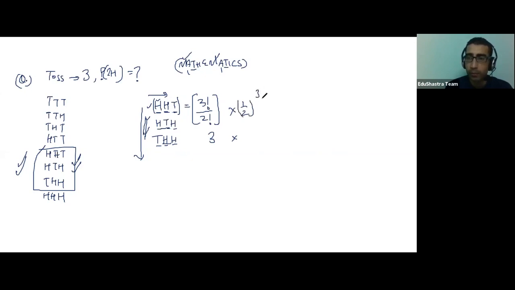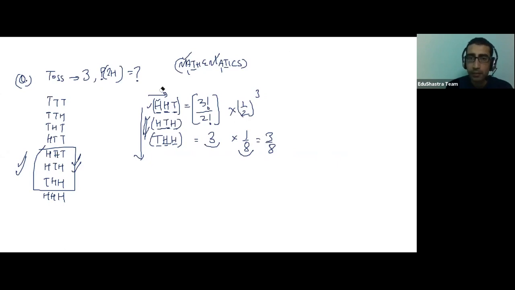So it is 1/2 whole cube, and the same holds for sequence 2 or sequence 3. So my answer will remain 1/2 whole cube, which is 1/8. So my overall answer is 3, the number of ways this event can happen, into 1/8, the probability of any one event happening, giving 3/8, which is what we had, obviously.